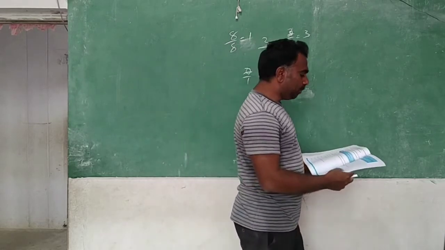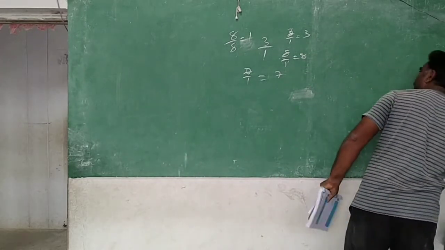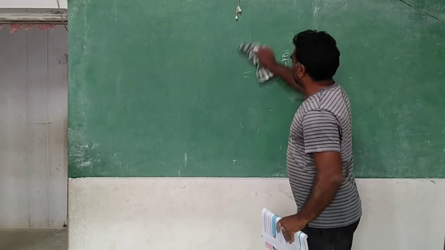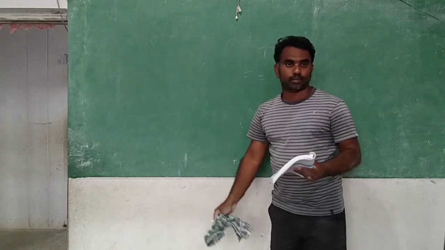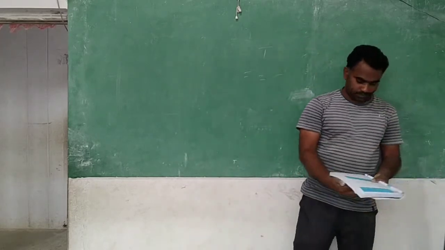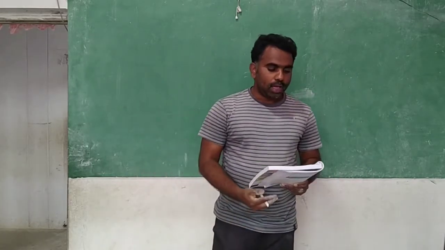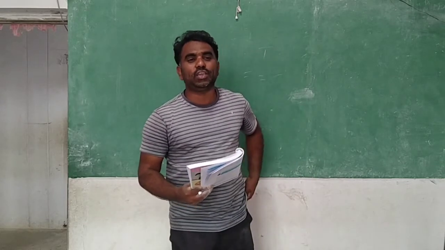And come to page number 55. Try this. Write 3 more equivalent fractions of 3 by 4. I think you have remembered equivalent fractions. In the first class I explained to you.